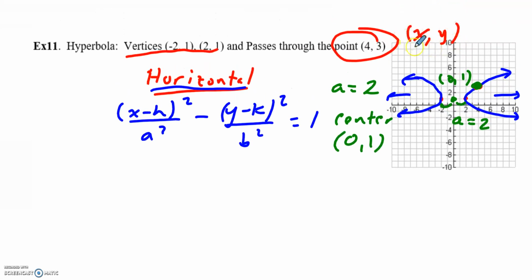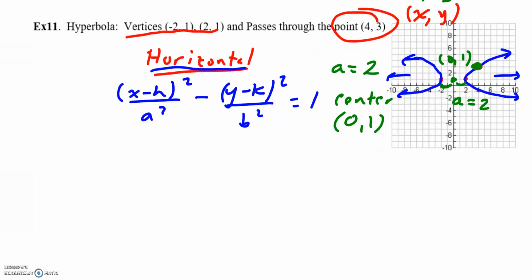Now I wrote something up here already that if you're given 4, 3, you're really given the point x, y. So we can plug these in and work backwards. Let me show you what I mean. I know that this is really x minus h, which is h, k.